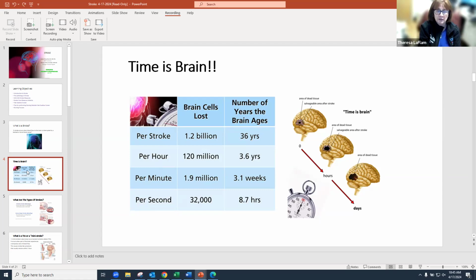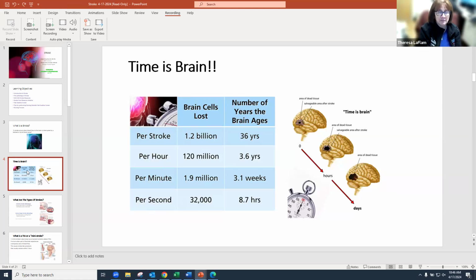For each stroke that occurs, 1.2 billion neurons or 1.2 billion brain cells are lost. When we lose that amount of neurons, the amount of years that our brain ages is we add 36 years to the aging of the brain, which means we just lost 36 years over our life expectancy.